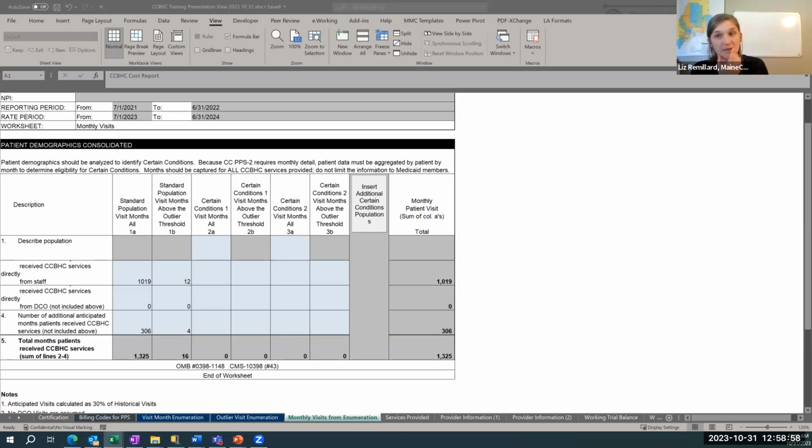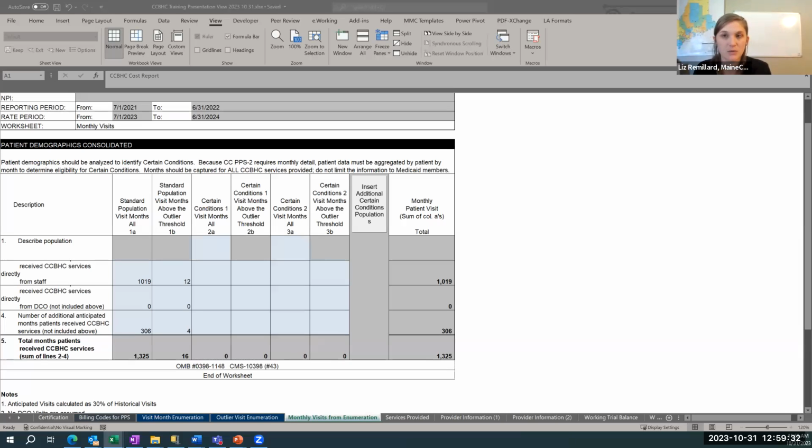And is it okay for me to offer a clarification here? Absolutely, Liz. I don't want to mess up the flow of the training. When we are talking about DCOs in the context of the cost report, any encounterable service can be DCO'd financially and have a financial partnership with another provider to offer a service through your CCBHC or for your CCBHC clients, except for crisis financially.